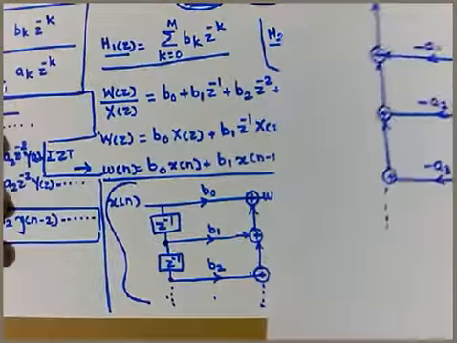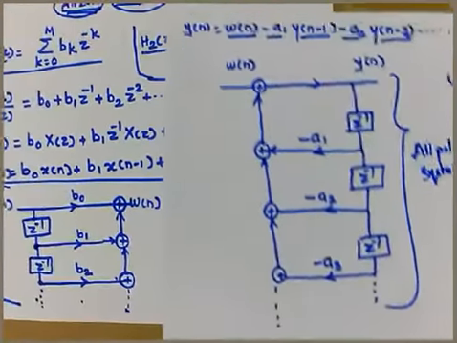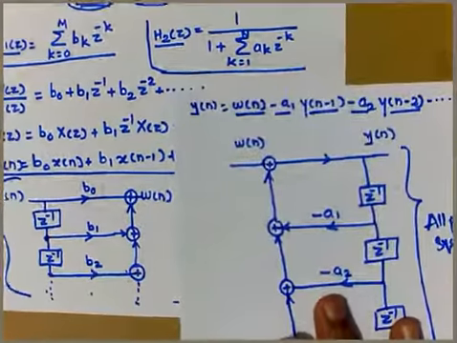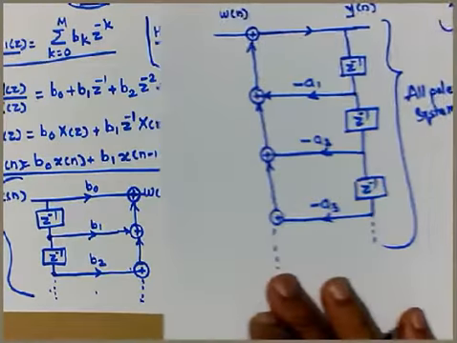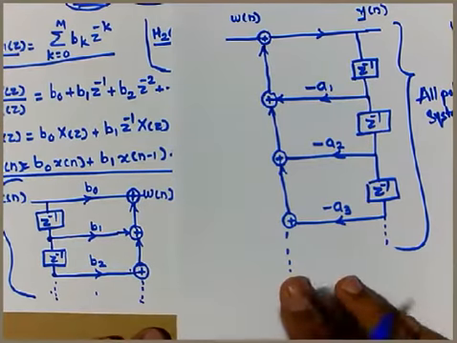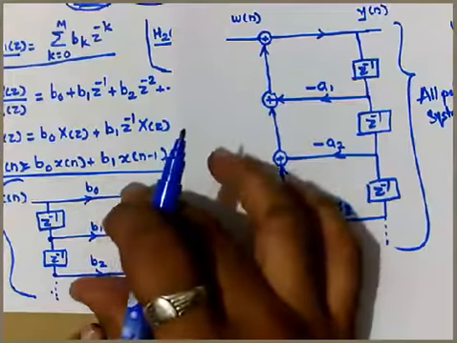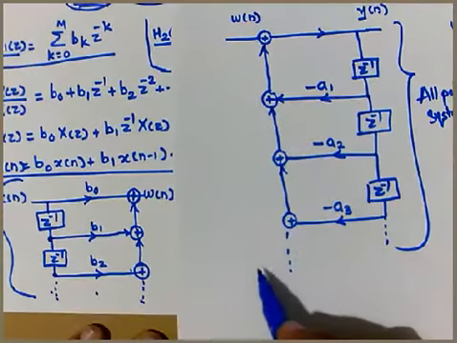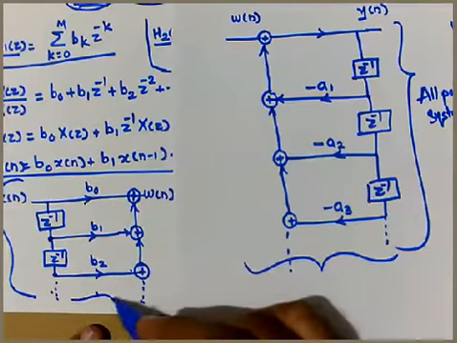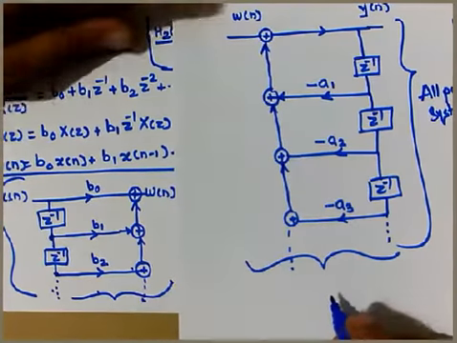So this is the all pole system and this one is the all zero system. So if you write down the entire summary, that is, combine the all zero and all pole parts, then we will be able to write it like this.